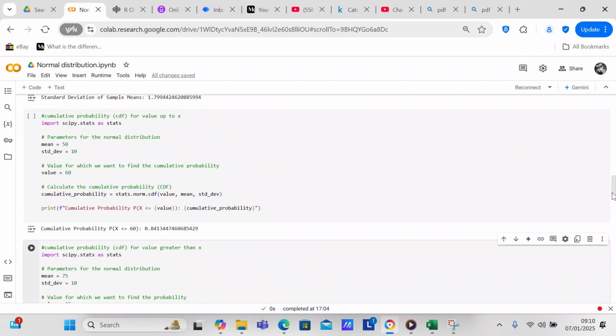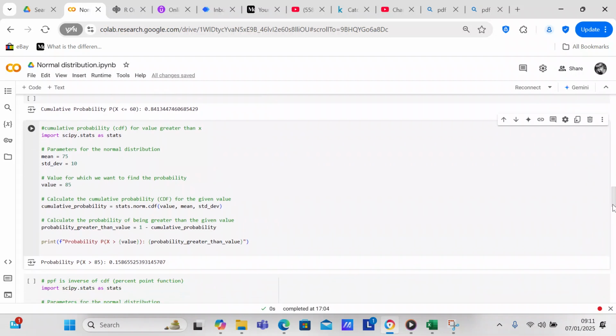So cumulative probability equals stats.norm.cdf(value, mean, standard deviation). And then you get a cumulative probability of 84% that the value is less than or equal to 60.